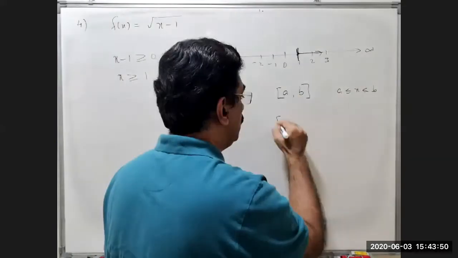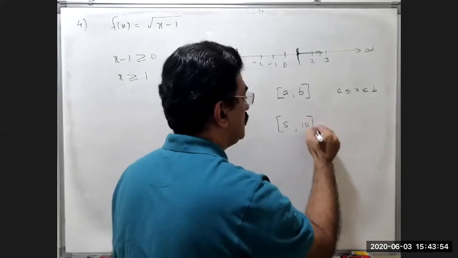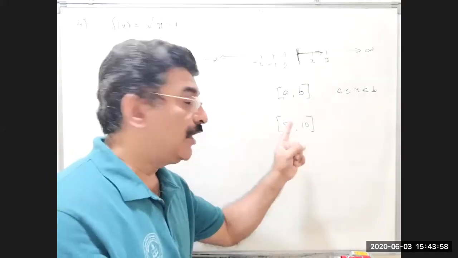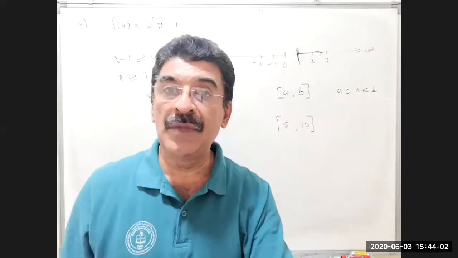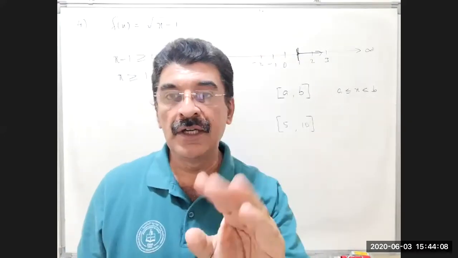Again, one more thing. This one, 5, 10, means numbers from 5 to 10. Numbers from 5 to 10 doesn't mean 5, 6, 7, 8, 9, 10. No, those are all natural numbers and integers.